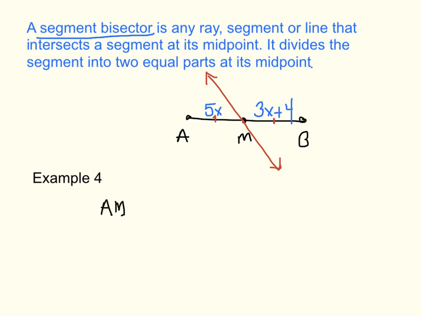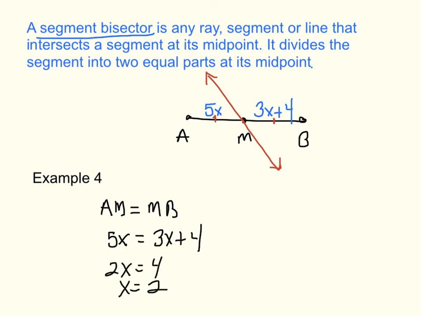AM equals MB, so we substitute in the length of AM is 5x, the length of MB is 3x plus 4, and you can solve that on your own. That would give us 2x equals 4 and x equals 2.